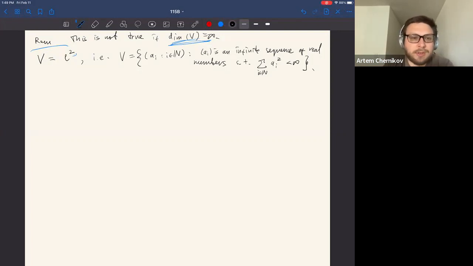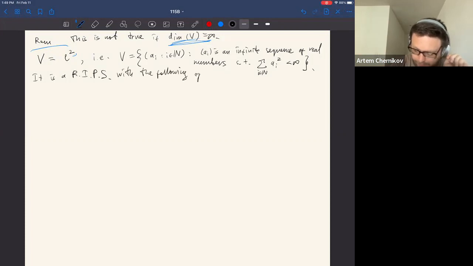All right, so it is a real inner product space with the following operations. Okay, so the sum, we define it in the natural way, just coordinate wise.